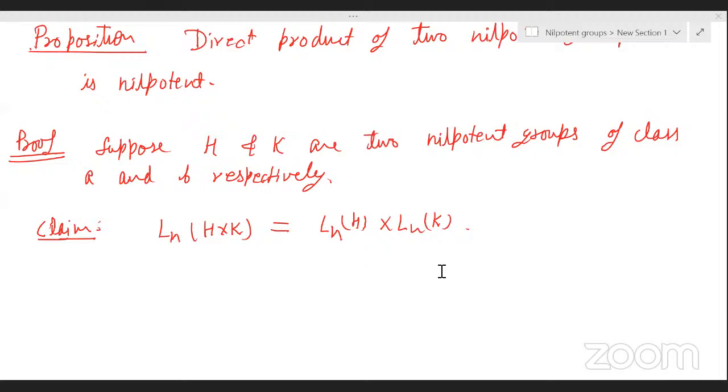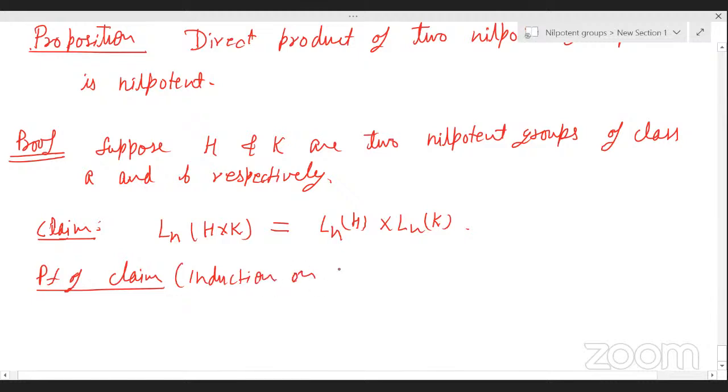So let us prove this claim by induction. Proof of claim. This proof will be by induction on n, and n is a number from this set.